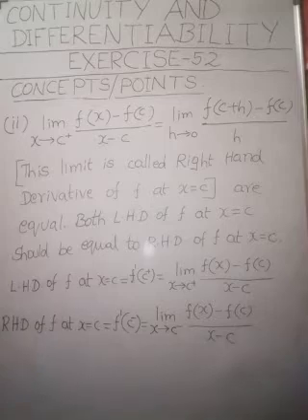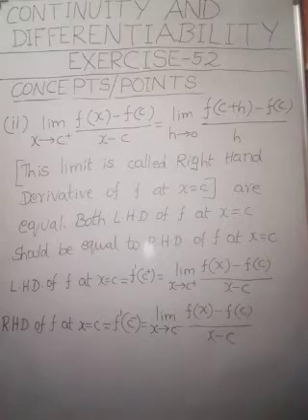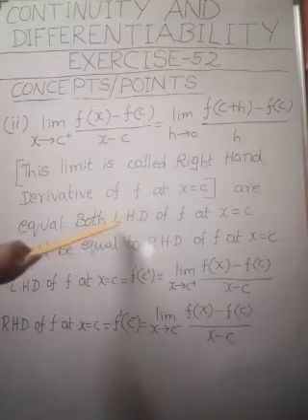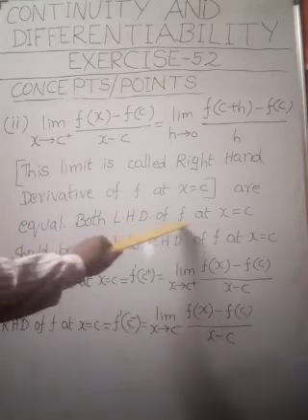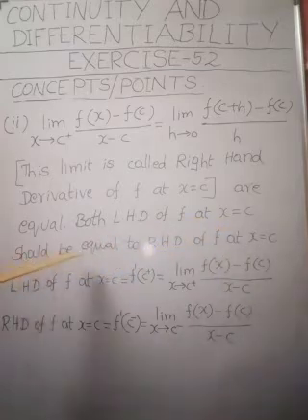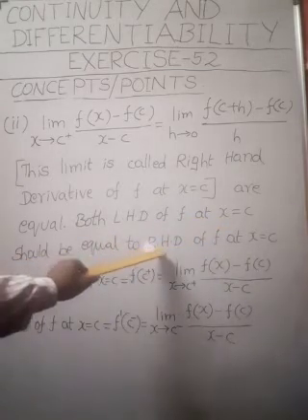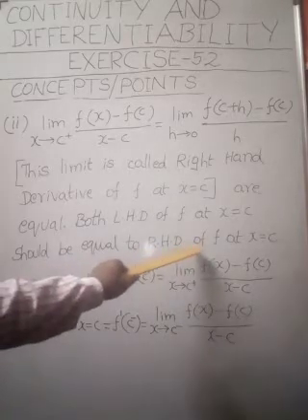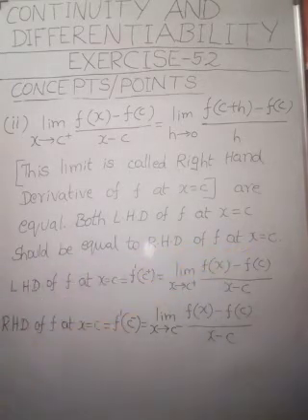It means left hand derivative of f at x is equal to c should be equal to right hand derivative of f at x is equal to c. LHD stands for left hand derivative and RHD stands for right hand derivative of f at x is equal to c.